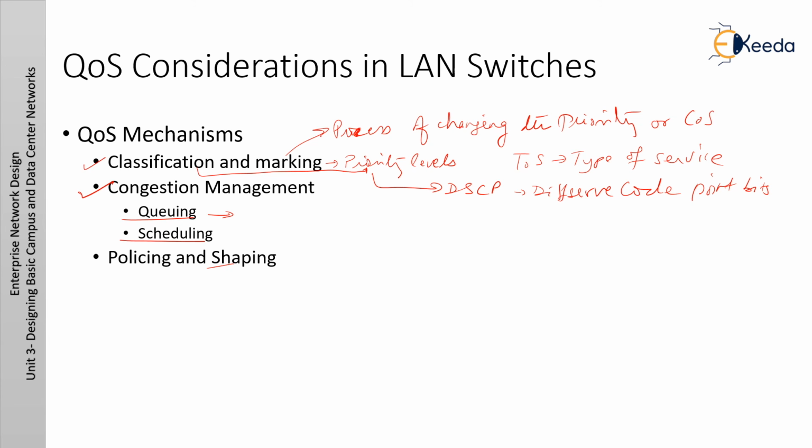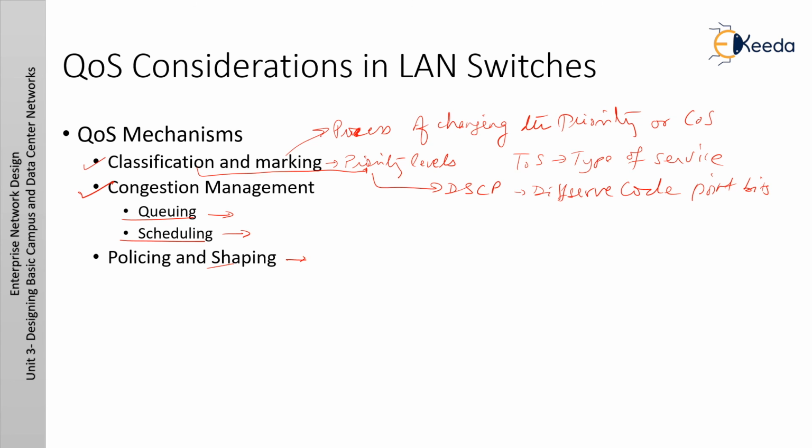Now scheduling. Scheduling is the process that determines the order in which queues are serviced. Now come to policing and shaping. Policing and shaping tools identify traffic that violates some threshold levels and reduces a stream of data to a predetermined rate or level.